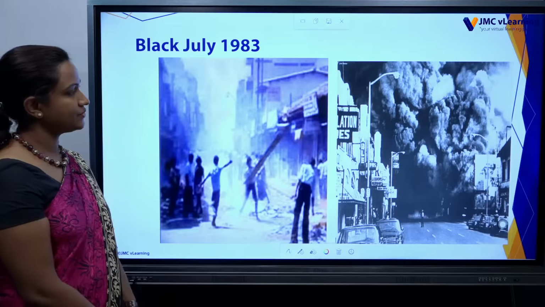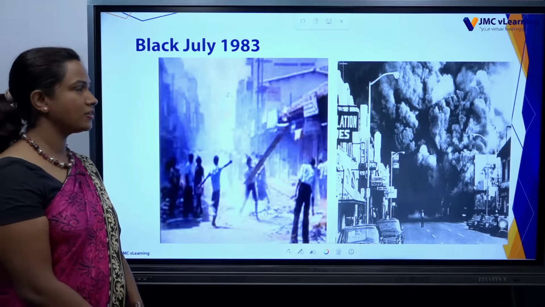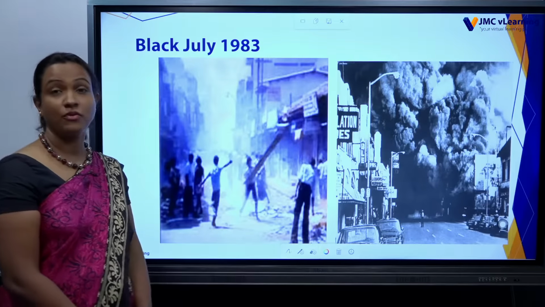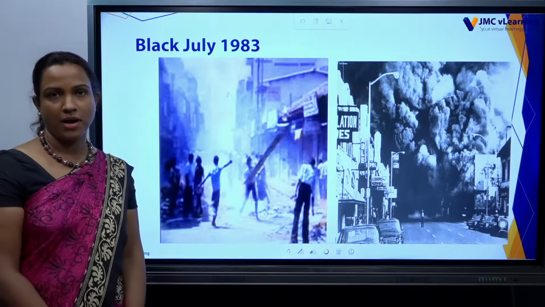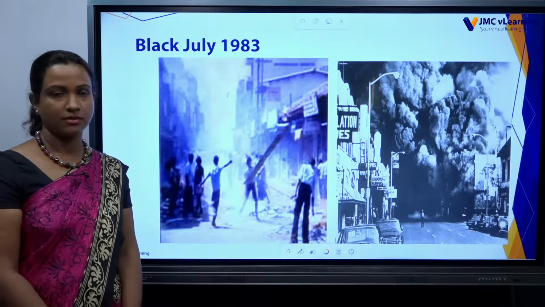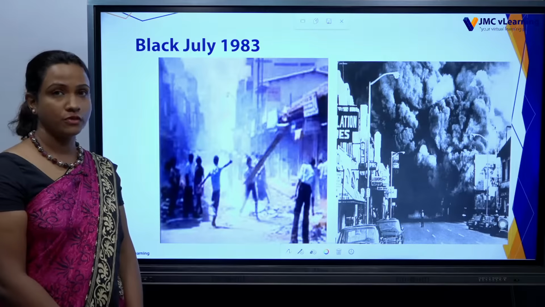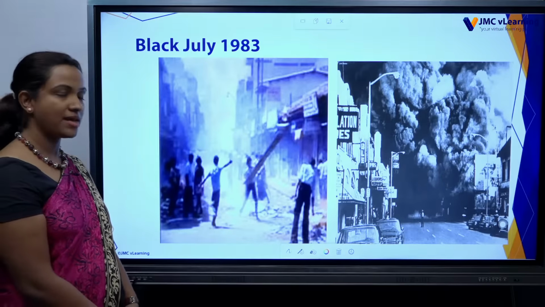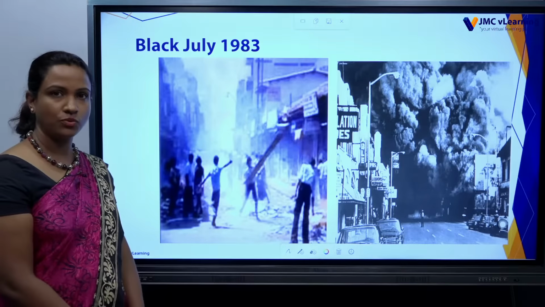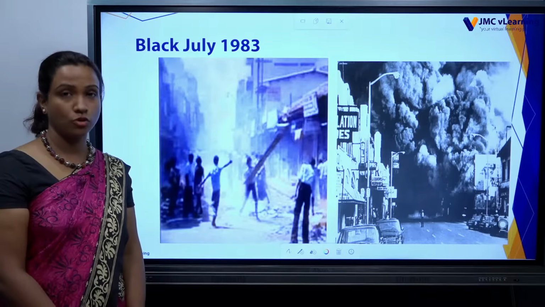Well, these are pictures from Black July 1983. You might not have been born at that time, but we had a stigma in our country. It's a historical stigma that we had in 1983 in the month of July, the same as the poetess has indicated. It happened between two ethnic groups.